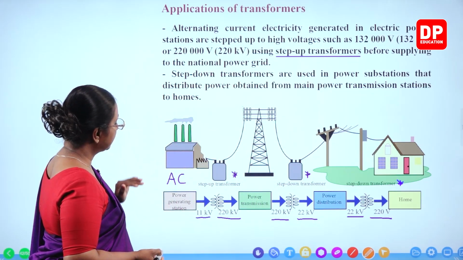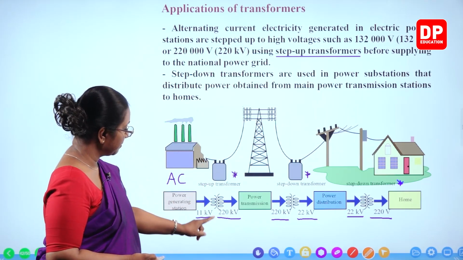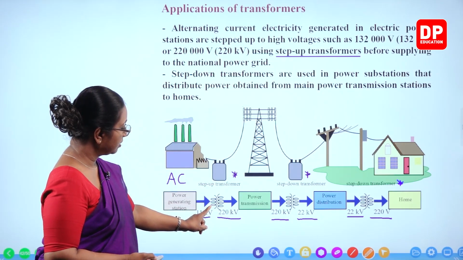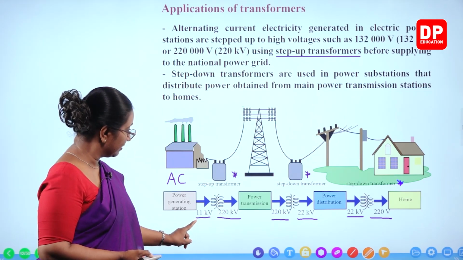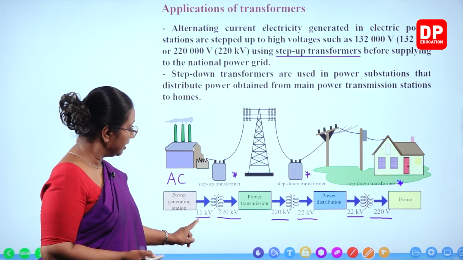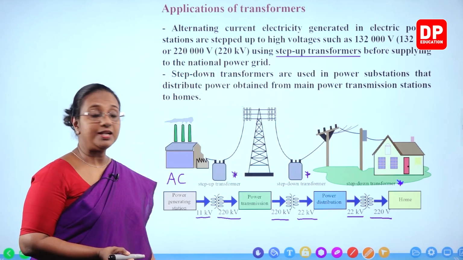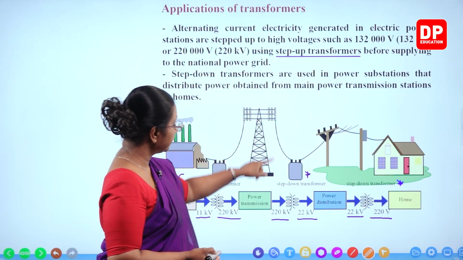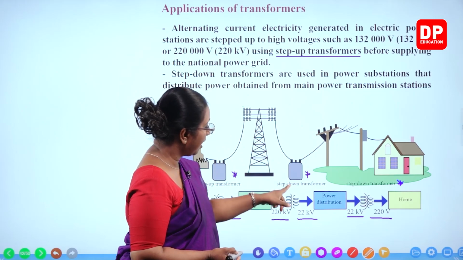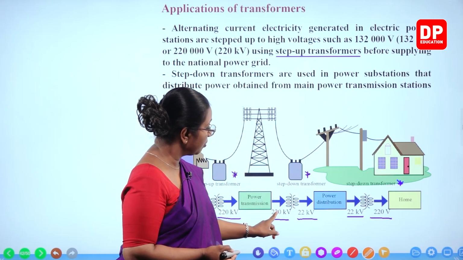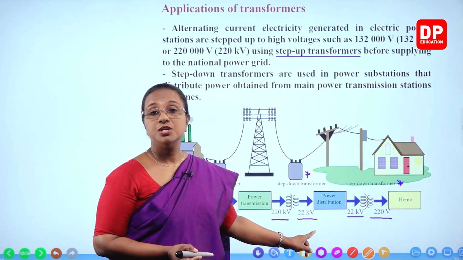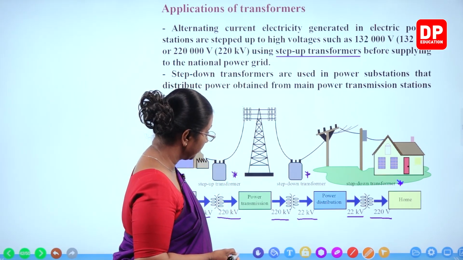So the power generating station, then the step up transformer, with fewer turns in the primary coil and more turns in the secondary coil, converts the 11 kilovolts to 220 kilovolts. Then there is the power transmission. After that, there is a step down transformer that converts 220 kilovolts to 22 kilovolts.